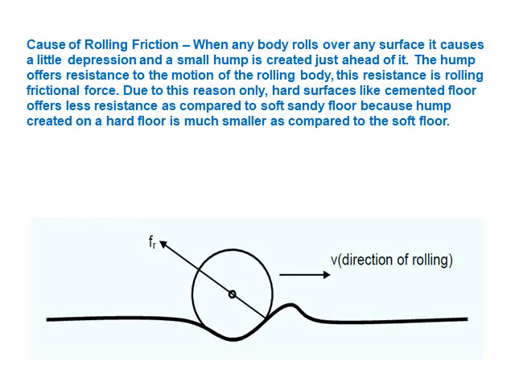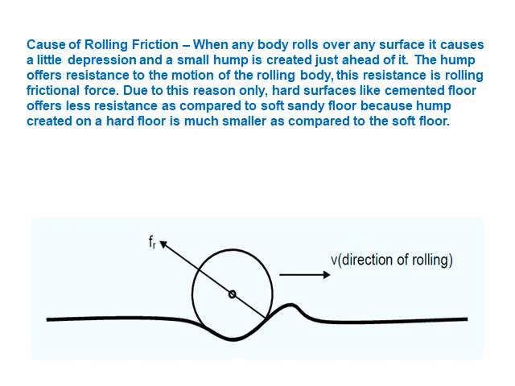This causes a slight depression of the road below and a small elevation or mount in front of it. In addition to this, the rolling wheel has to continuously detach itself from the surface on which it rolls. This is opposed by the adhesive force between the two surfaces in contact.